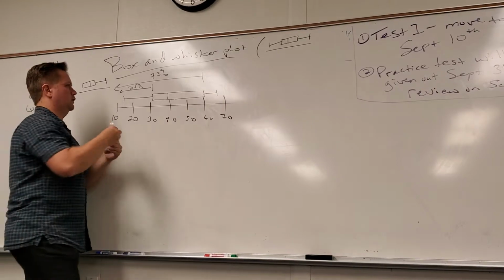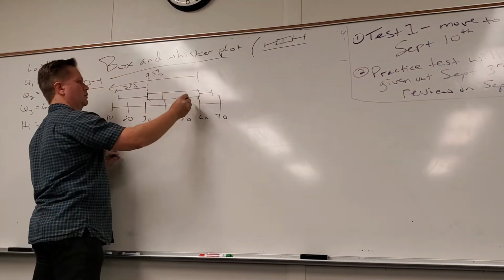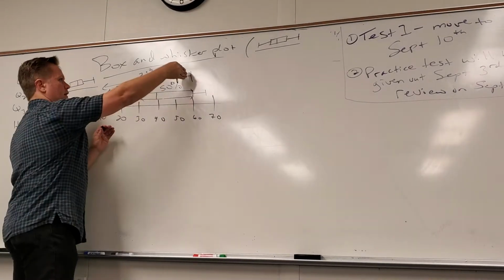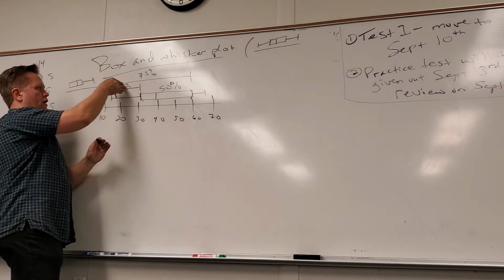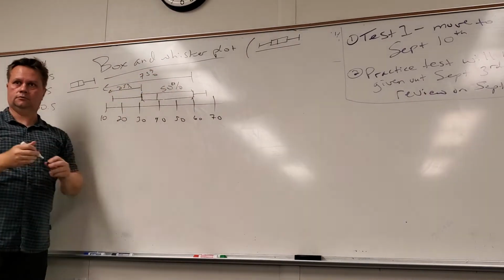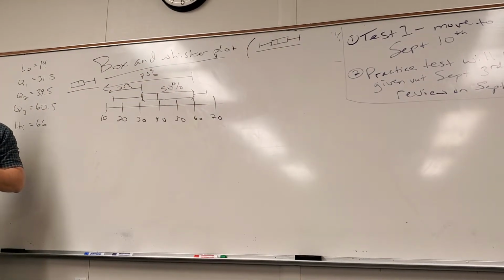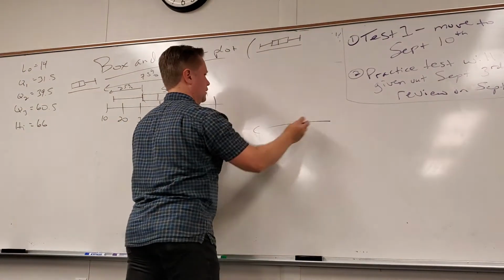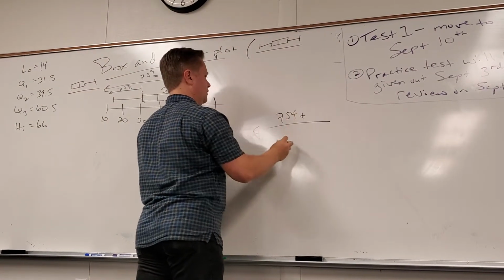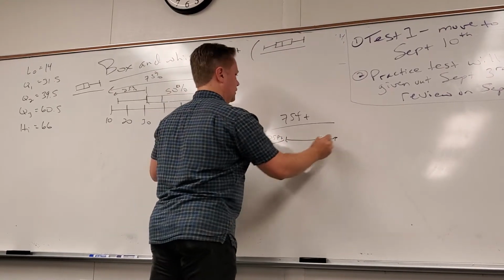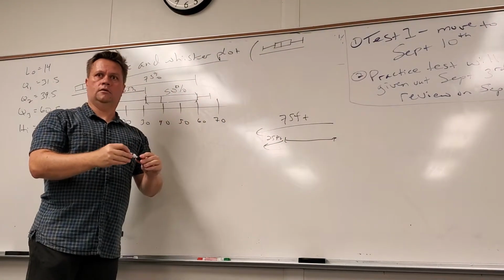Yeah, so that's what we just figured out. What percentage is in here? 50. Please let that make physical sense. If there's 75% below there and 25% below there, how much is in here? Subtract. If this is 75 feet and this is 25 feet, how long is this? 50.